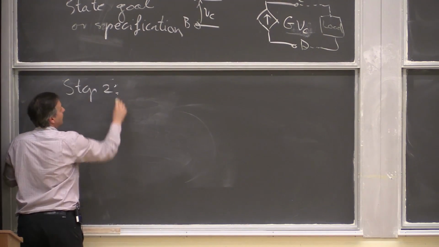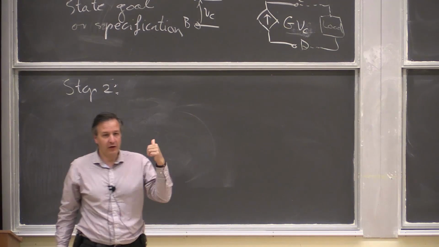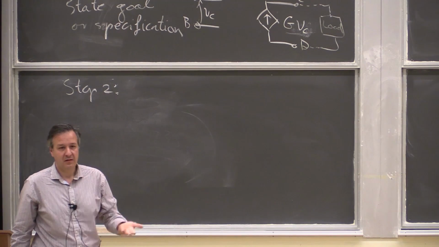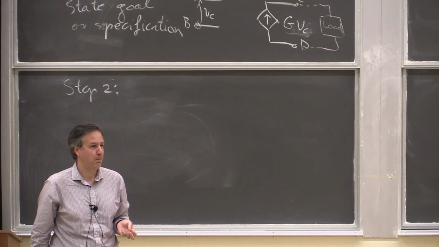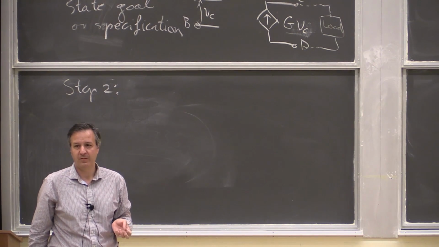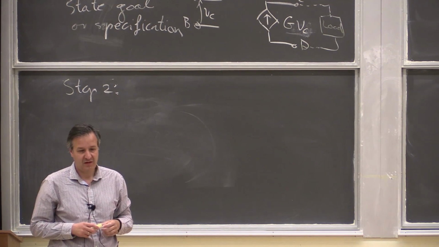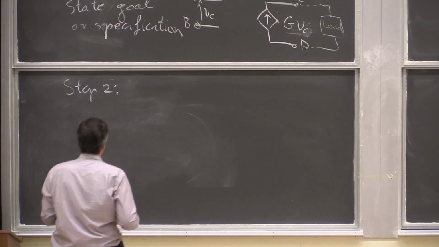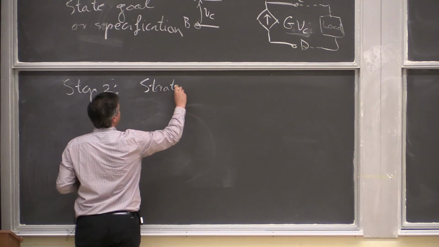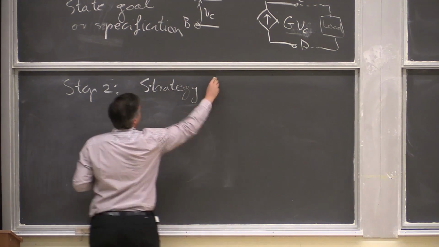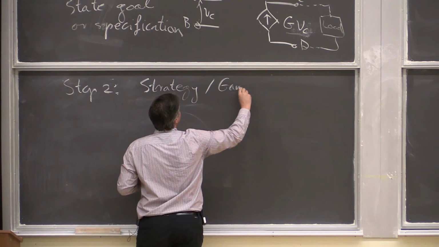What is step 2? Now that I know what I need to build, what do I do in step 2? Yes. You need a strategy with the components. Okay. So we need a strategy. Game plan, right?